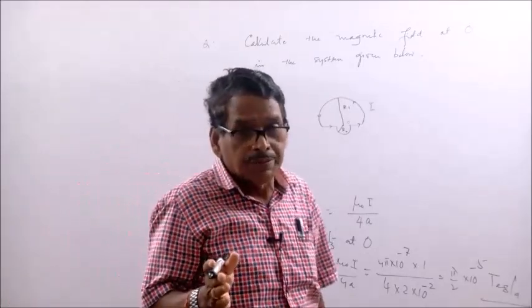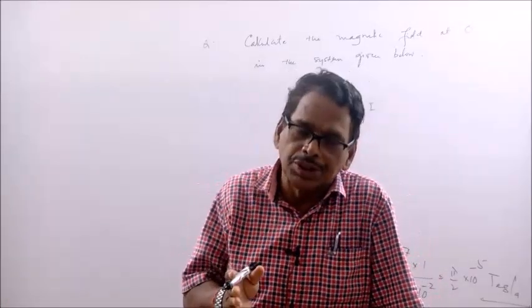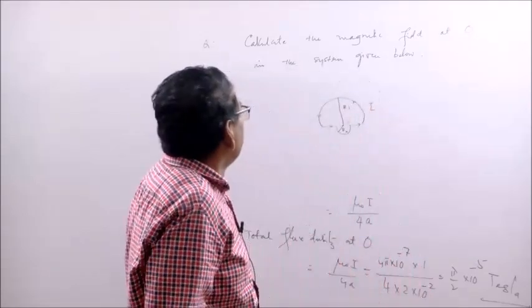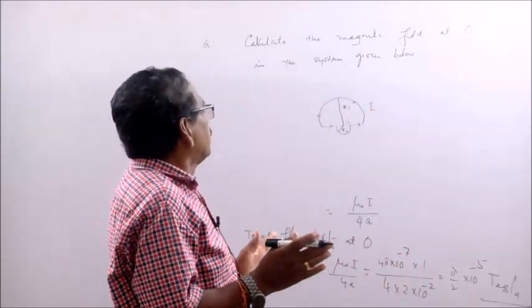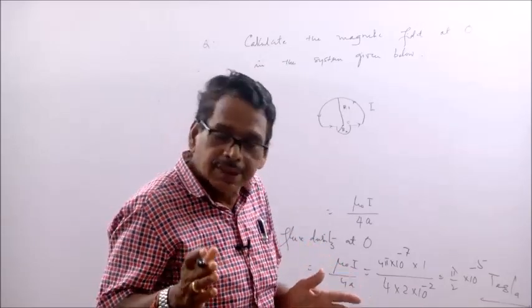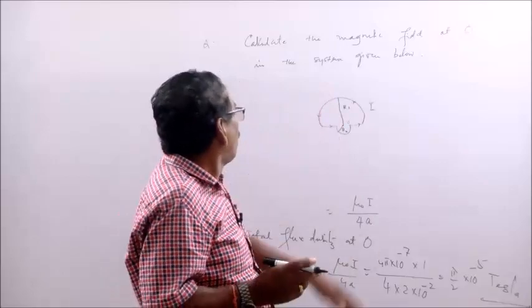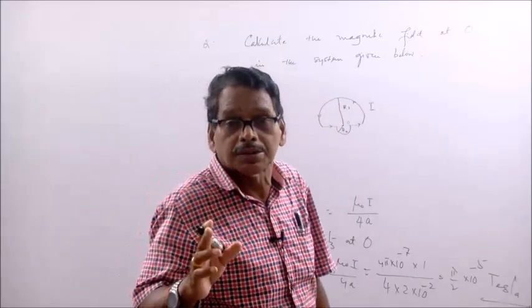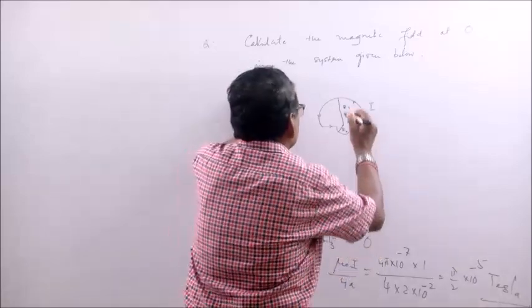Before you solve the problem, you must first read the question carefully and then try to solve. What is asked? He has given you a system of conductors and asked to find out the magnetic flux density at the center at O. This system consists of 4 conductors. What are the 4 conductors?